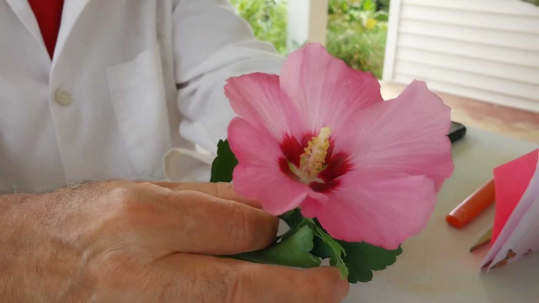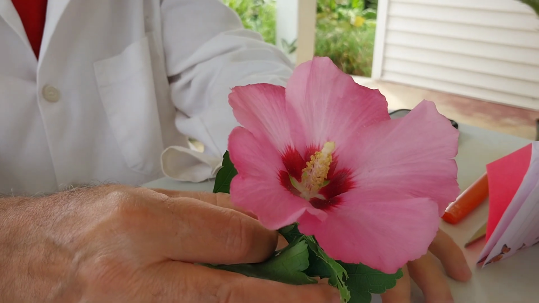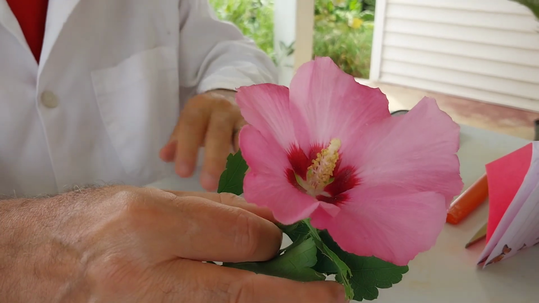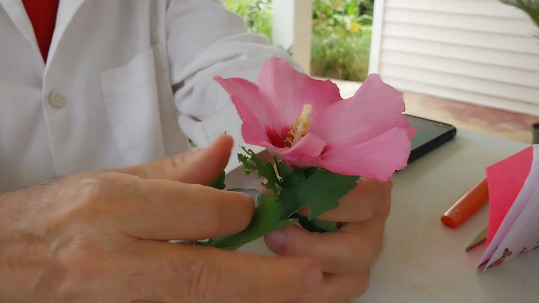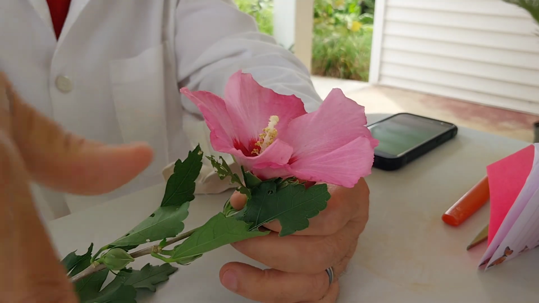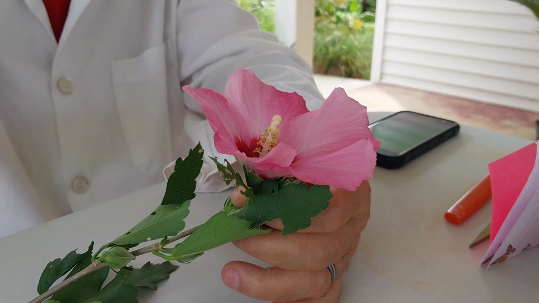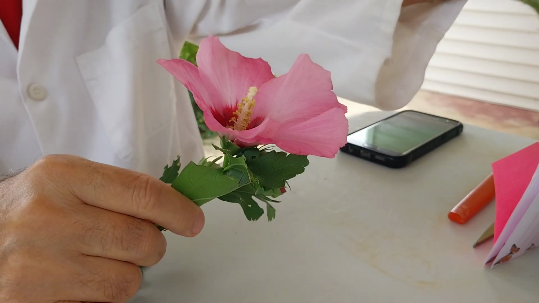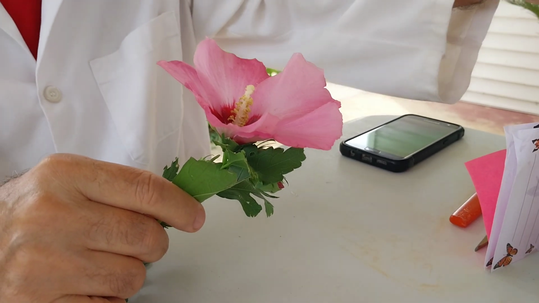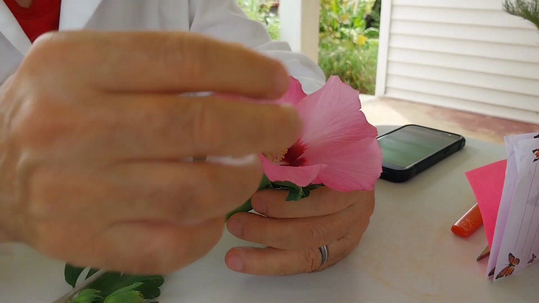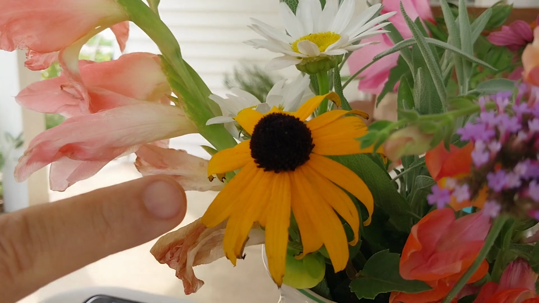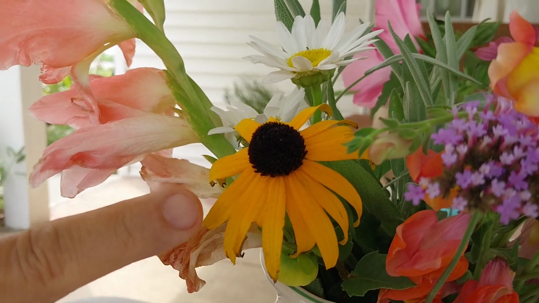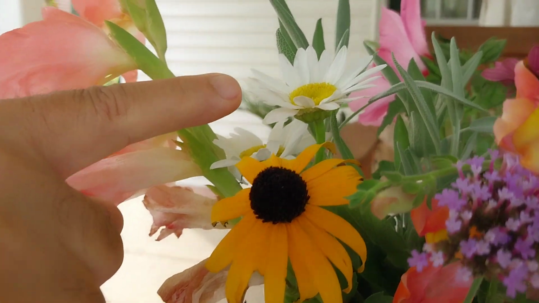This is a simple flower in contrast to a compound flower. In a compound flower, you have many other flowers around it, and it's very common in this other family. This is the daisy family, the family Compositae, like this one.